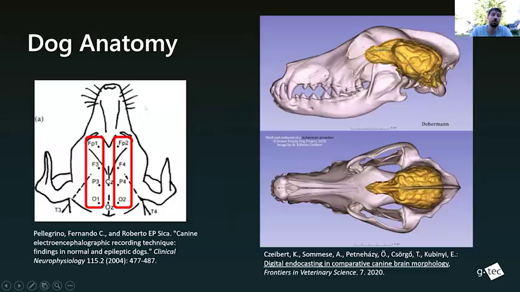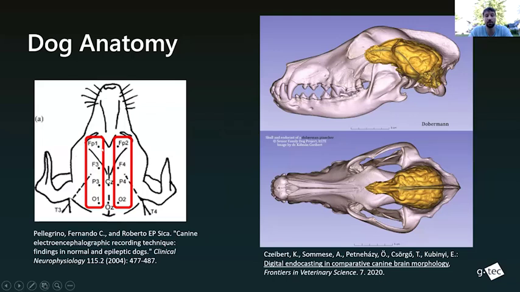Shortly, for the anatomy of the dog's brain: of course, it is different from the human, so we need to select our EEG electrode positions accordingly. For the device that we use, we selected the 8 positions that you can see in the left figure.